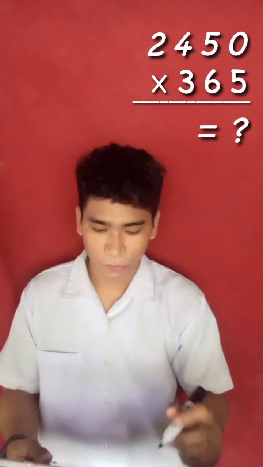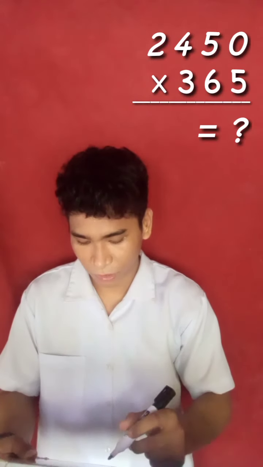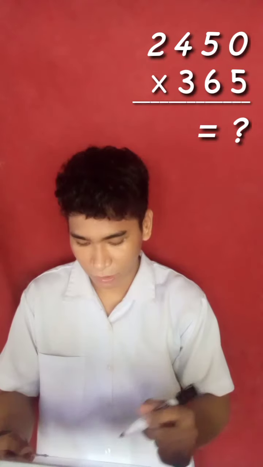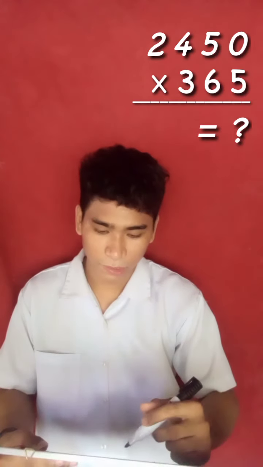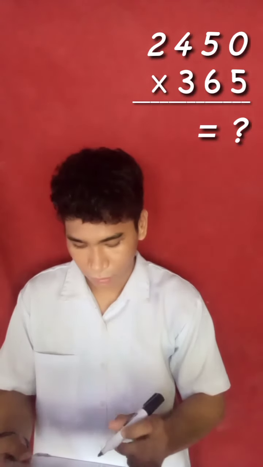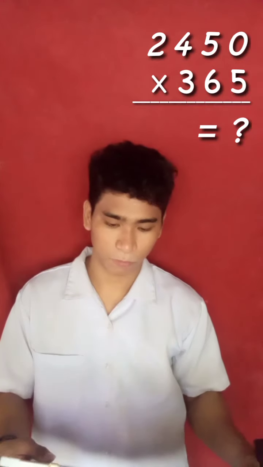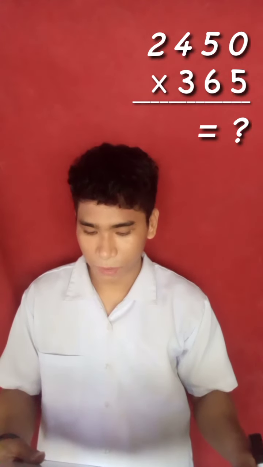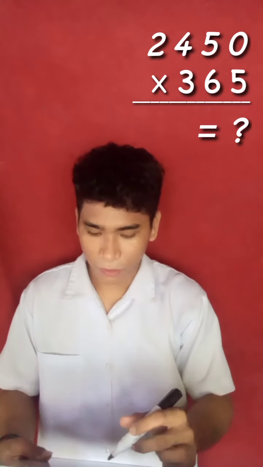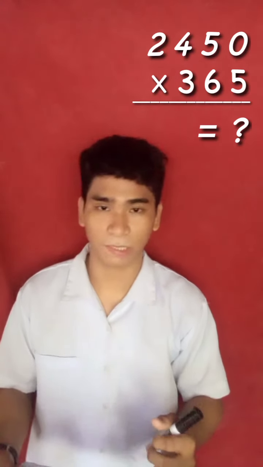Okay, same process. 6 times 0 is automatically 0. Bring down 0 at the bottom of the number 5. 6 times 5 is equal to 30. So bring down 0, write 3 at the top of the number 4. 4 times 6. What's the answer? Okay, sabay niyo ako.